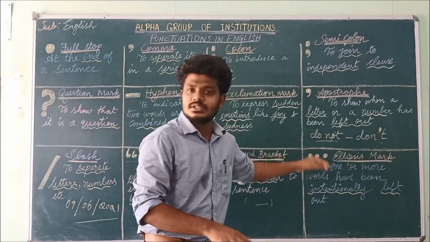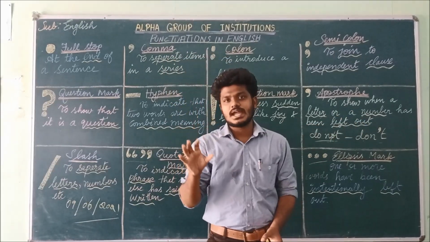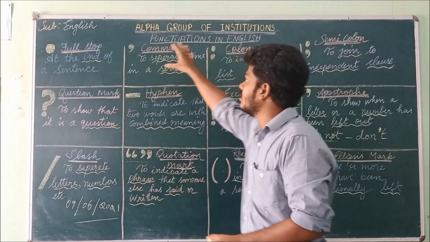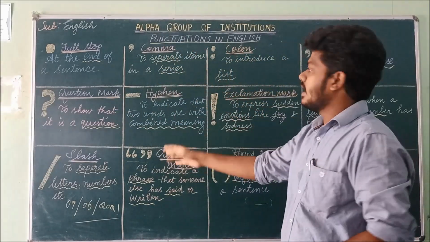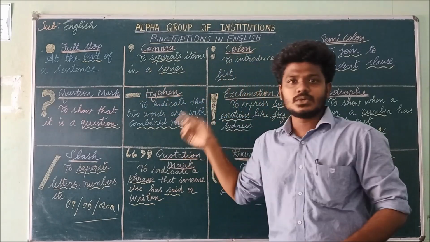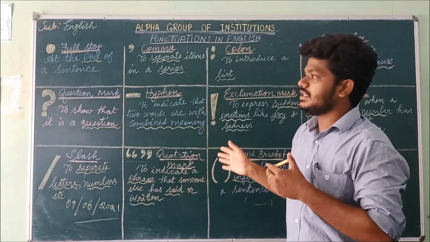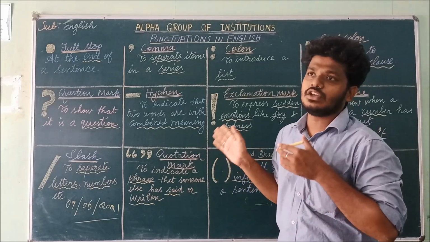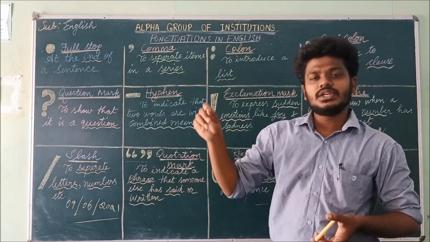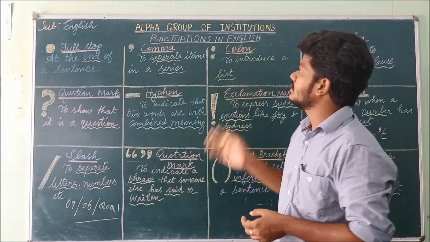So that's the purpose of using the ellipsis mark at the end of a sentence. So I hope you all understand the main idea of using punctuations in English, and the importance or the usage of these punctuations while writing and reading. Okay, so this will be very useful while doing reading comprehensions and also while doing writing comprehensions. I hope you all understood the meanings.